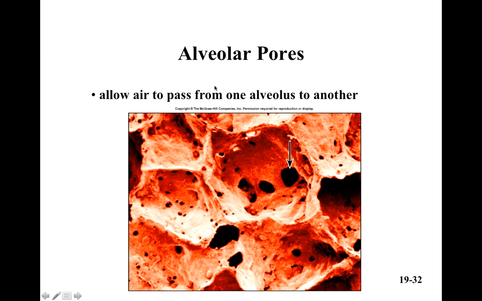Alveolar pores are how air passes from one alveolus to another. So even within one alveolar sac, there are small spaces for air to pass through from each alveolus, and that will help distribute the air throughout the alveolar sac.